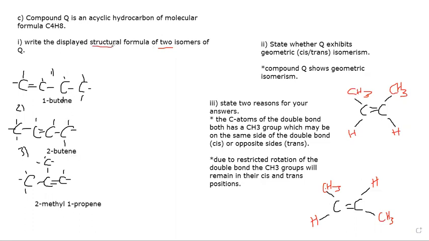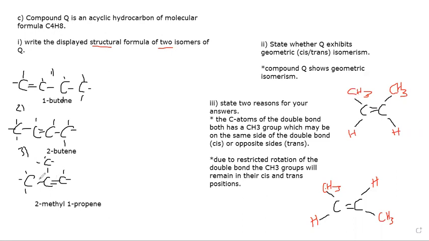Notice it says structural, so we could not do geometric isomerism as that is a stereoisomer, all right? So for the first structural isomer, I did 1-butene. The second one is 2-butene.